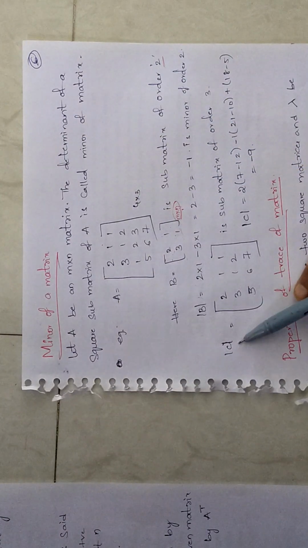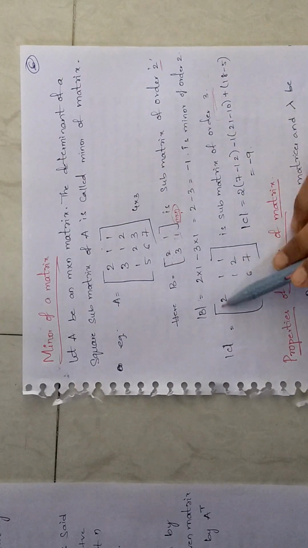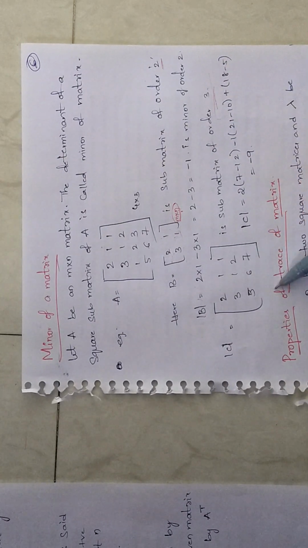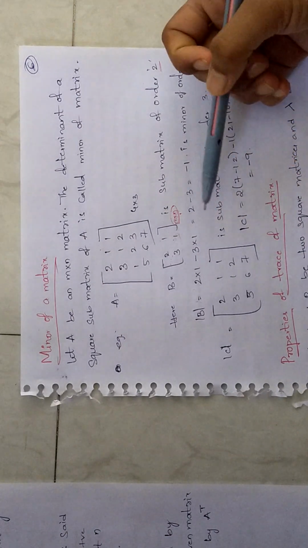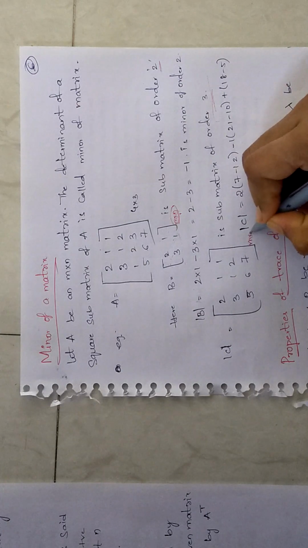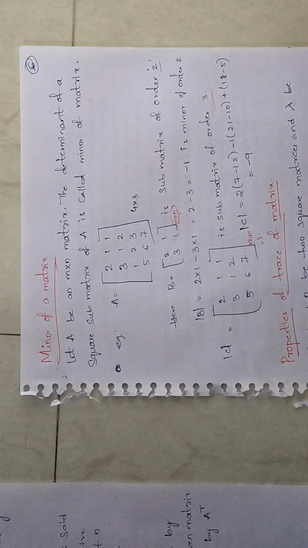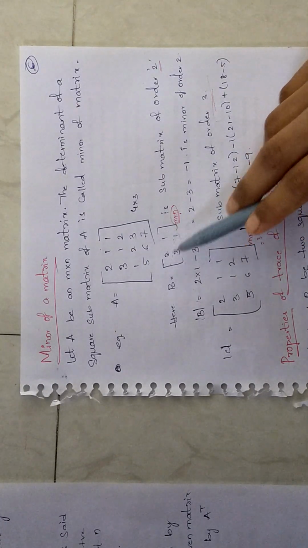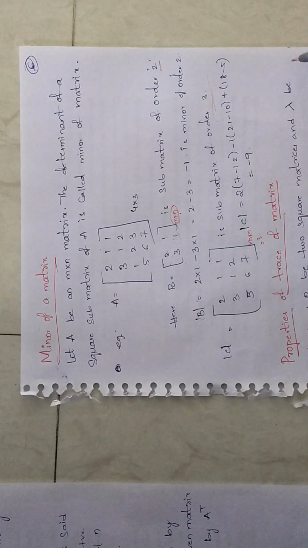Next, I have taken a matrix of order 3, that means 3 rows and 3 columns. Here the order m cross n is 3. For the order 2 we just multiplied and then subtracted the values.